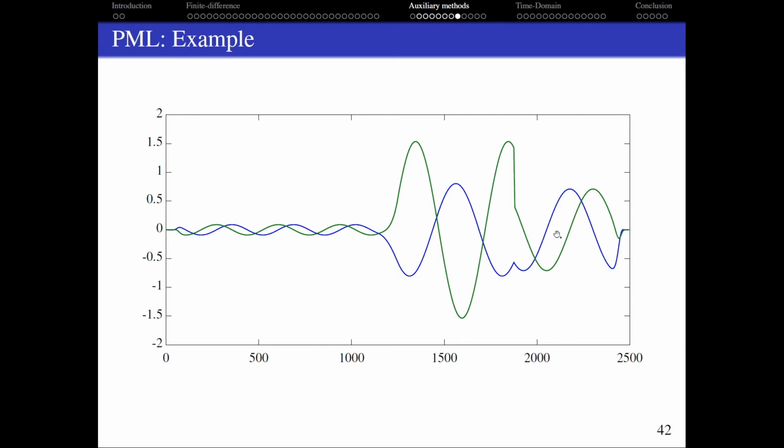And one can see that before reaching the edge of the window, the field decreases very strongly because it's absorbed by the PML, on both sides. So this works, and it's basically mandatory to be able to compute anything useful.